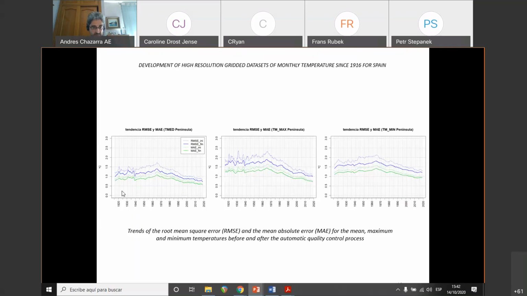So we can see that the automatic quality control significantly reduced the errors in every case, and we also see that the errors are roughly constant until 1965, more or less, and after that date, the errors steadily decrease again. So we expect higher quality grids in the second half of the study period.